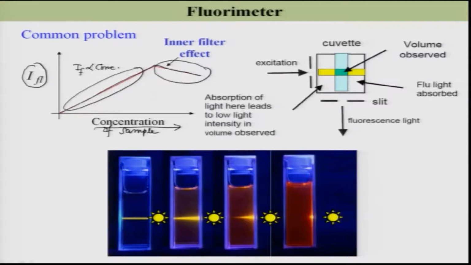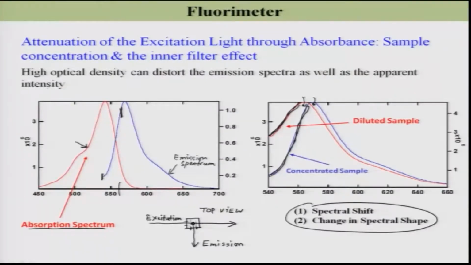For example, this fluorescence intensity is not in the overlap region. Still, what I said is that this fluorescence intensity may decrease in this region because there is an overlap over here. But what about this fluorescence intensity? There is no overlap with the absorption spectra. So, reabsorption of this photon is not possible in this particular case.